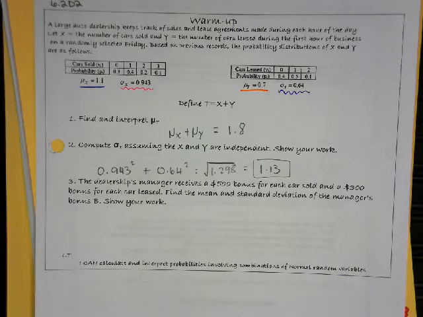Yes, sir? Explain which part? I'm sorry. Squared. So standard deviation is the square root of variance. Variance is not something we use a lot. We use standard deviation, but to find the standard deviation when you add or subtract independent variables, you have to add their variances.